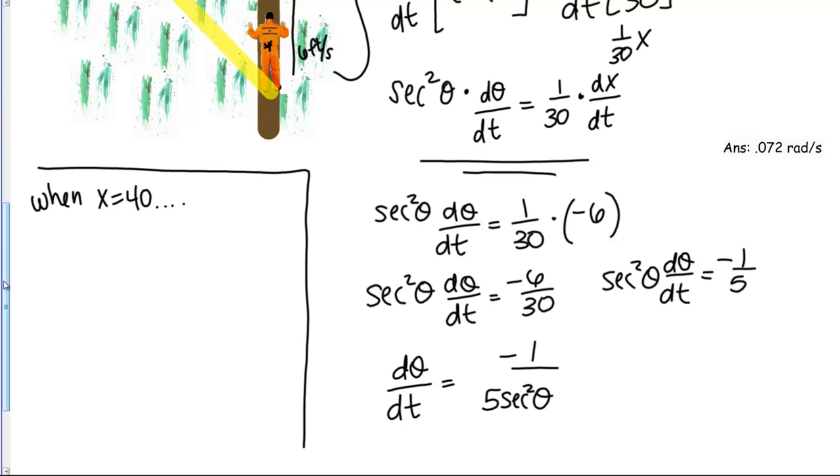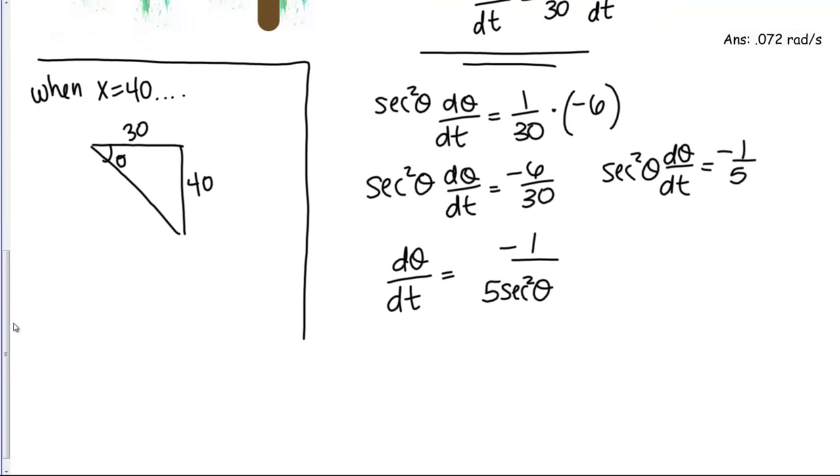Okay, so here's my triangle. Now I'm looking at the particular instance when x is 40, and here's theta. We know that the tangent of theta is the opposite over the adjacent side, so 40/30, or 4/3.